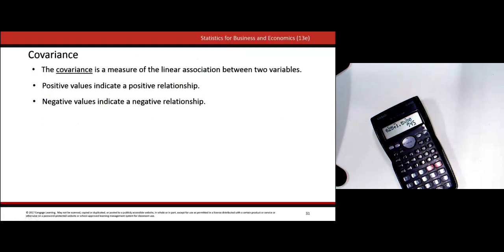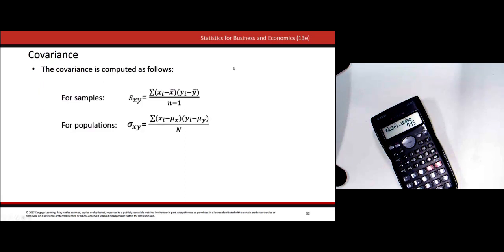So covariance is a measure of linear association between two variables. Positive values indicate a positive relationship, and negative values indicate a negative relationship. How do we calculate the covariance for samples? Sum of xi minus x bar. Now remember, we have two variables, so we calculate the sample mean for each variable, and then we subtract the mean from each value.